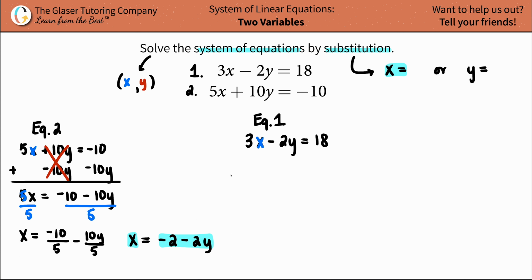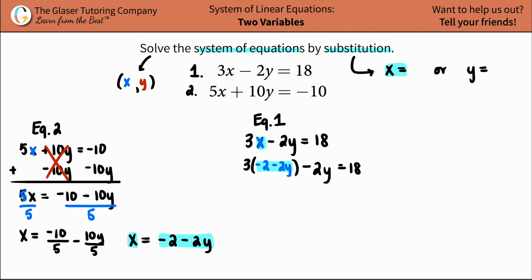So when we substitute, it's going to be 3 times the whole thing. So it's going to be 3 times the whole -2 minus 2y. And that is the substitution. So you're subbing out the x value for what we had. And now we just keep it going. Minus 2y, this is the rest of the equation, and this is all going to equal 18.